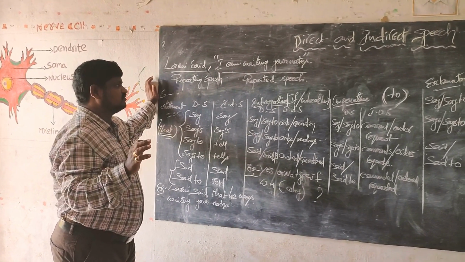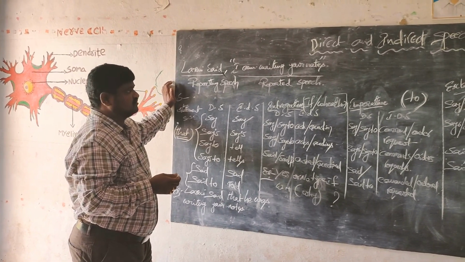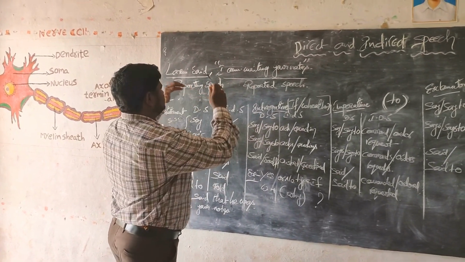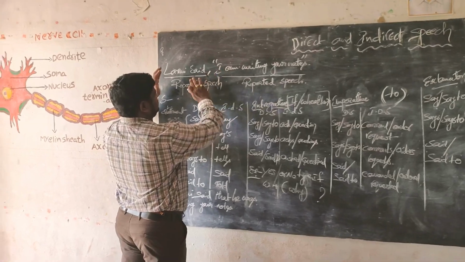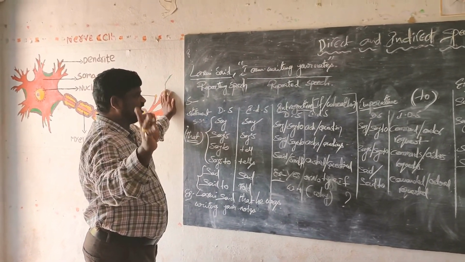My dear children, how do we recognize direct speech and indirect speech? Here the sentence is divided into two parts.